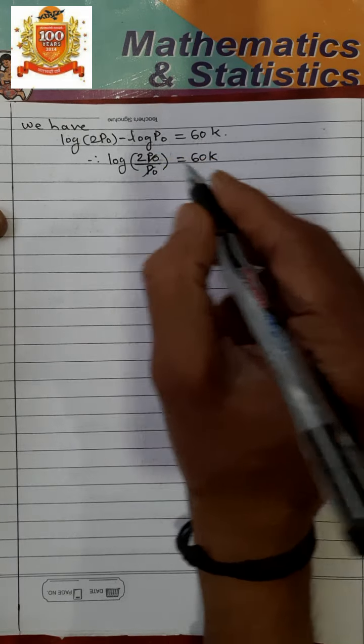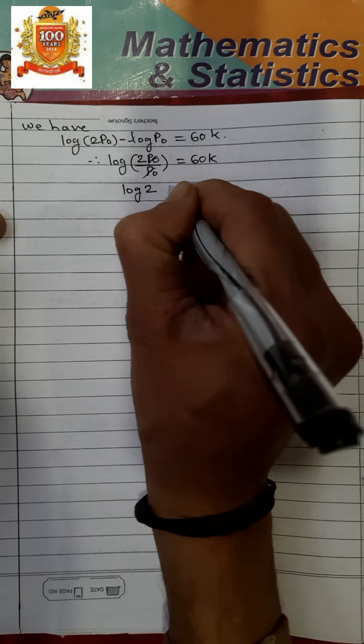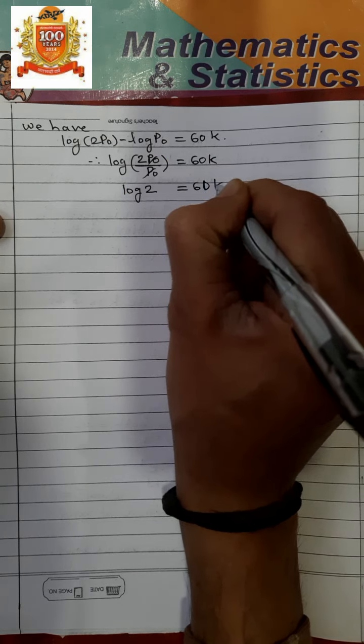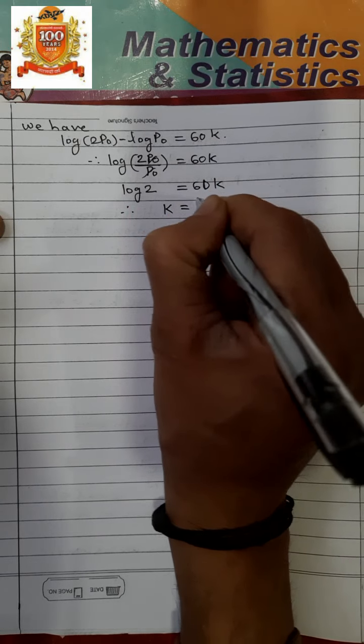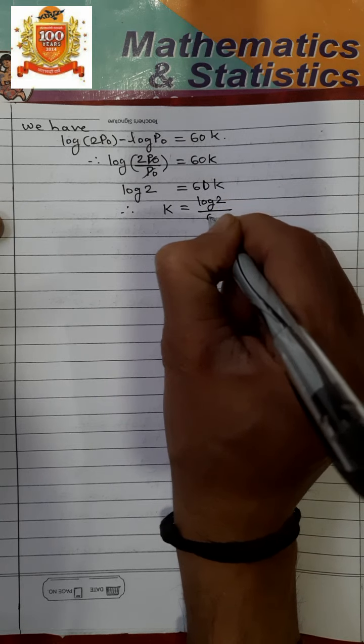P0 gets cancelled. Log of 2 is equal to 60k. Therefore, k is equal to log 2 upon 60.